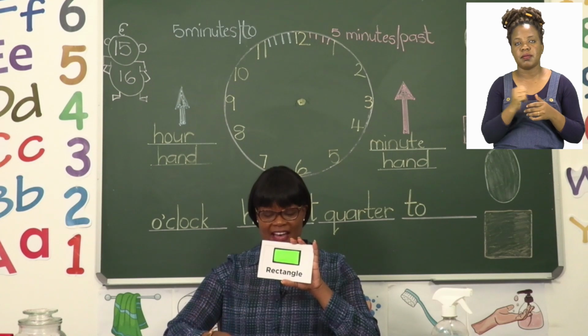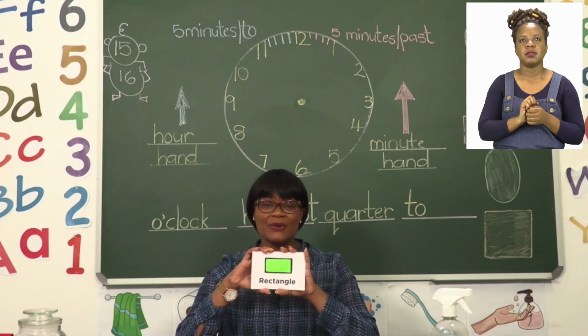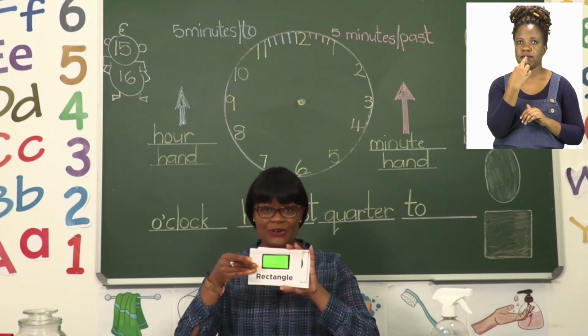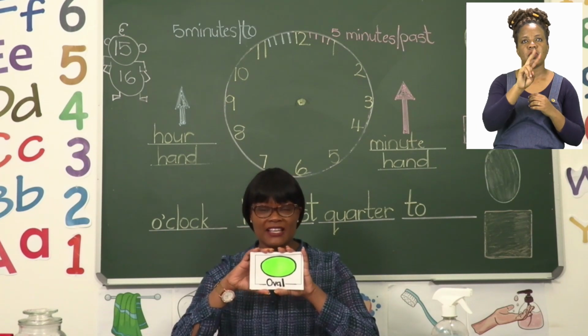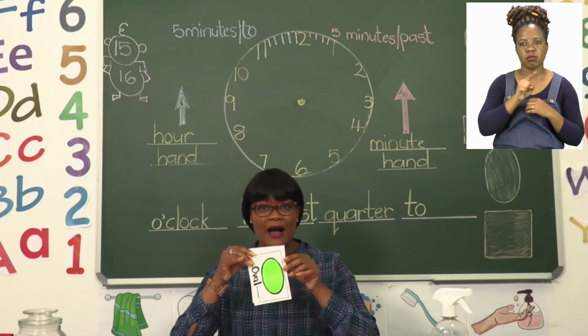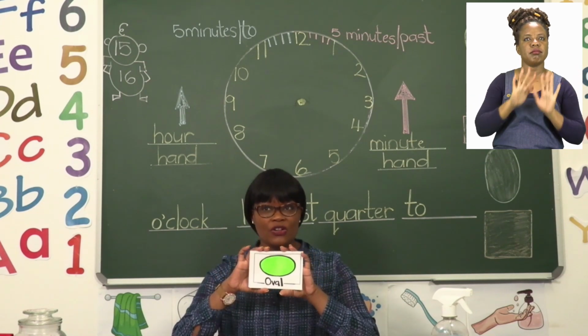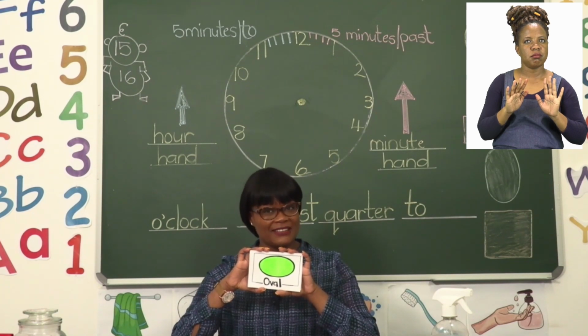The next one that we have is the rectangle. You're going to color all the rectangles that you can see red. And then the next shape we have is an oval. Now the oval can either be lying down or upright. So you're going to color your oval the color that is there, which is green.